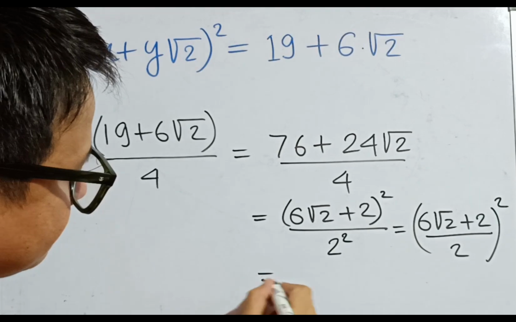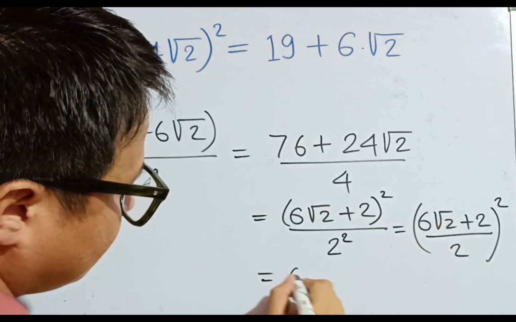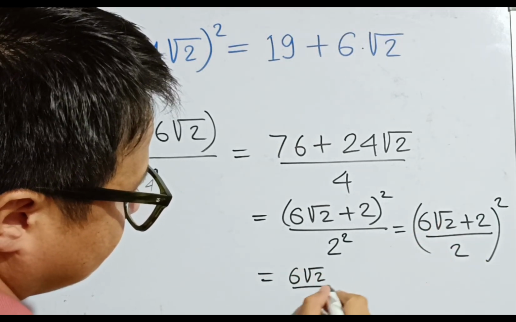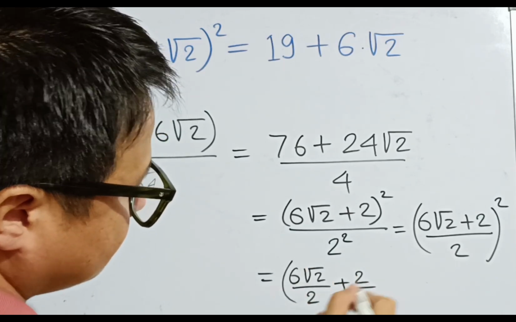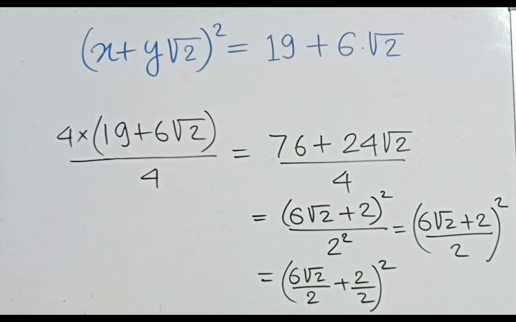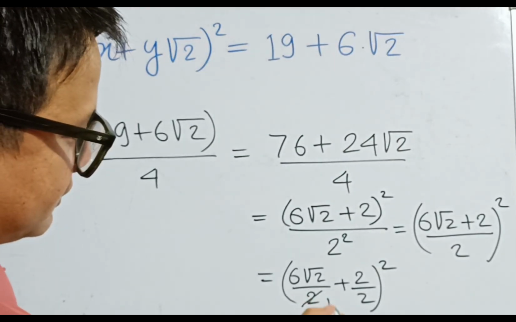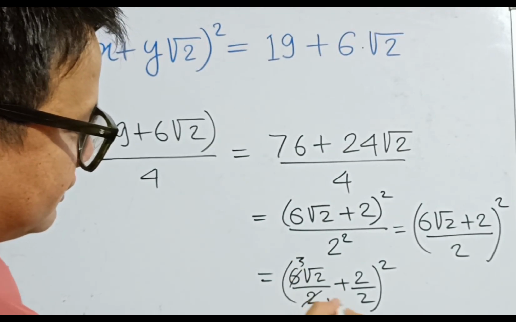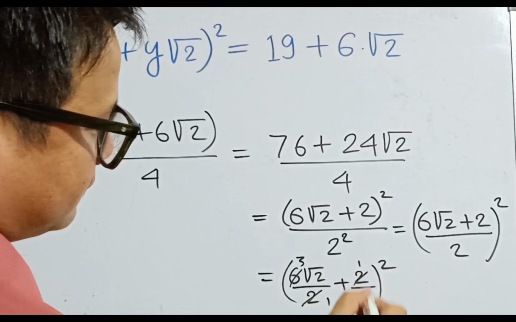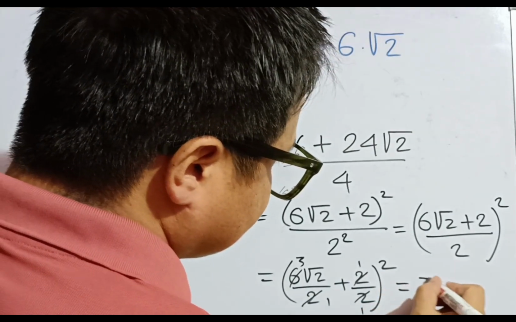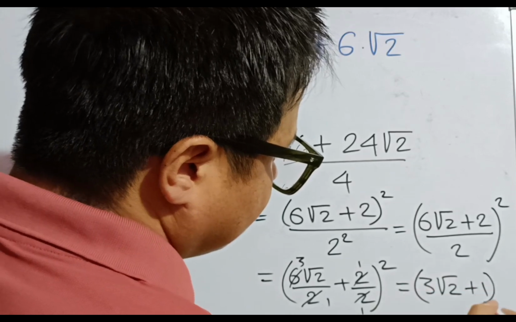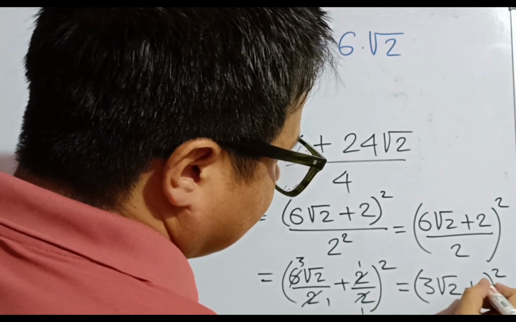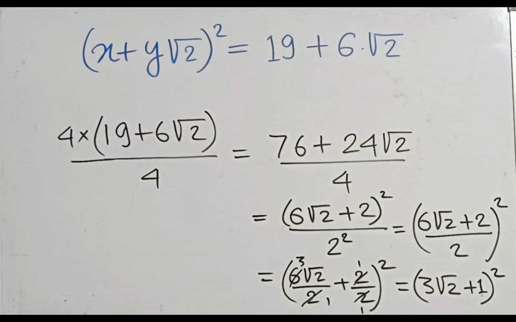Now let us simplify (6√2 + 2)/2 in this way: (6√2/2 + 2/2)², and within the bracket we can cancel 2 with 6. 2 1s are 2, 2 3s are 6, 2 1s are 2. So it becomes (3√2 + 1)².